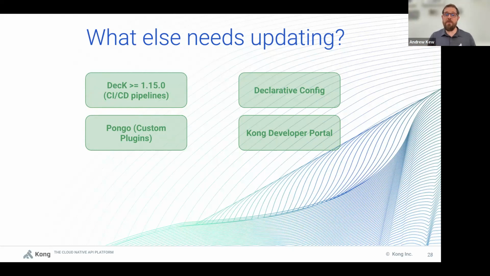If you're using Pongo, as mentioned before, to test out your custom plugins, just upgrade to the latest version of Pongo. That will then ensure that you can test your plugins and ensure that they are Kong 3 compatible. And lastly, if you're running the Kong developer portal, make sure that once you've got to your target version, you have pulled the latest versions to the templates, merge that into your developer portal, and then push them as well.